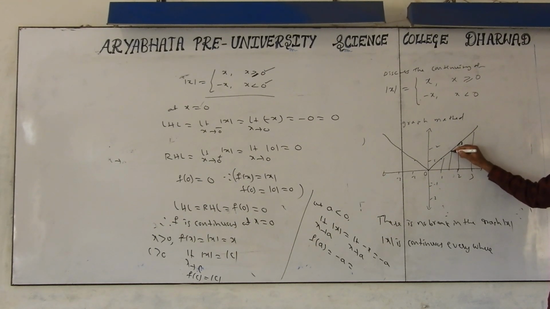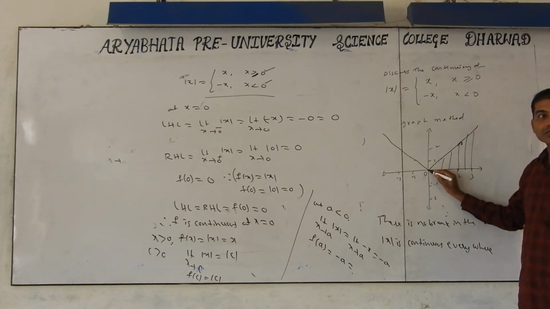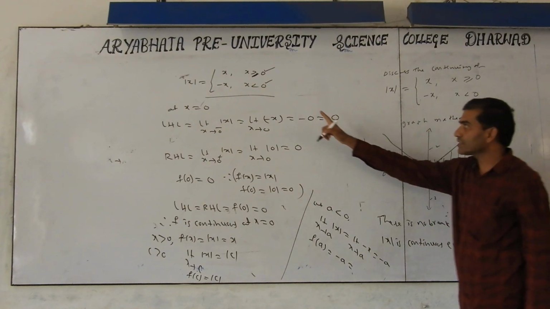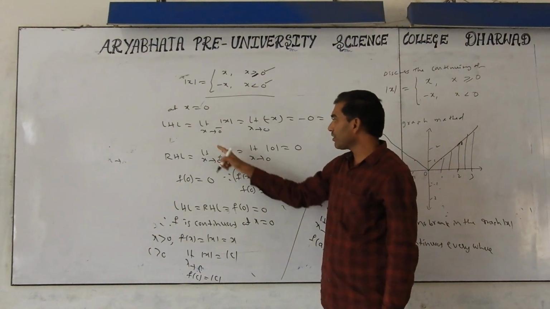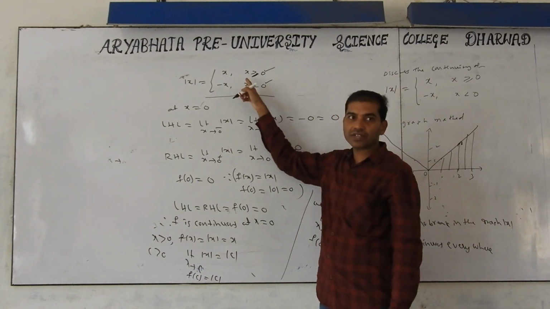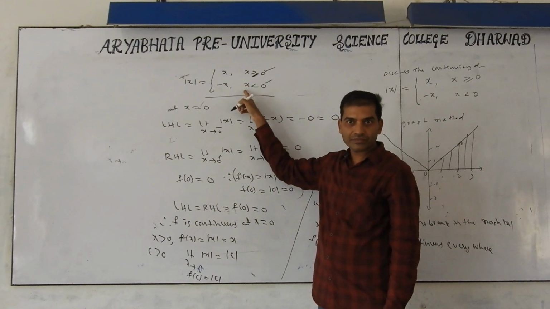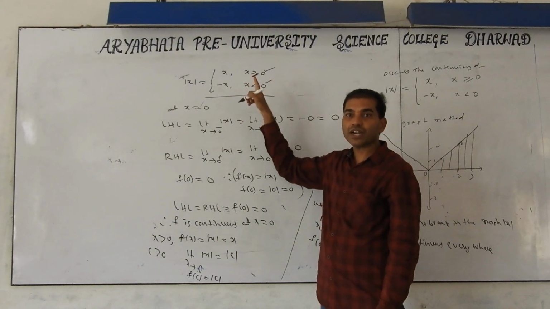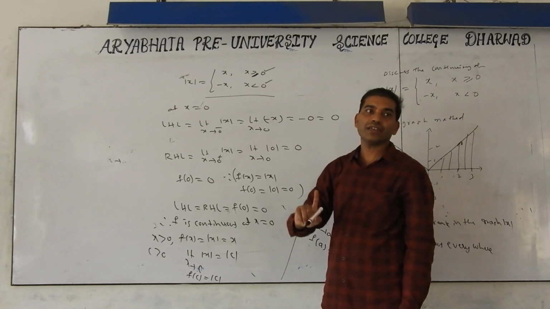If you take 1.5, continuous, no break. At what point is it turning? 0. That is the main important point, there we should find. If you find left limit not equal to right limit, then it is not continuous at 0. Are you following? So the modulus function is continuous everywhere.